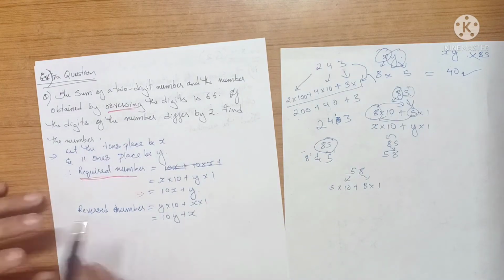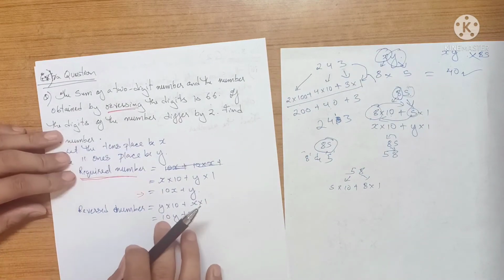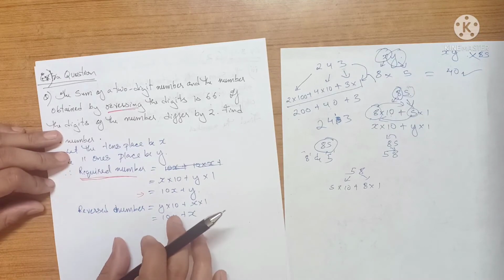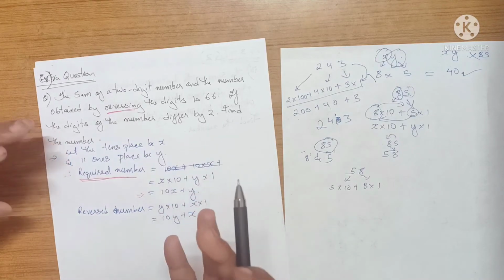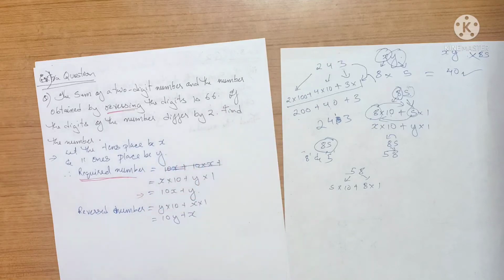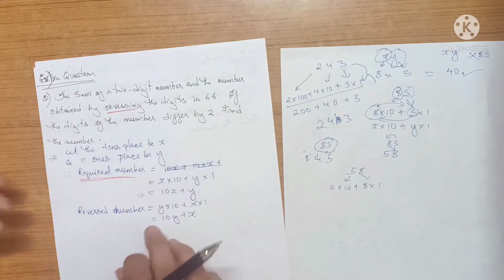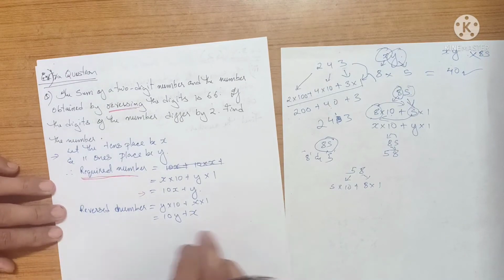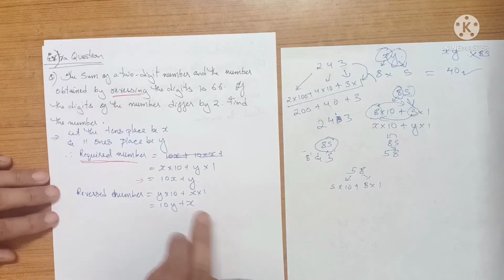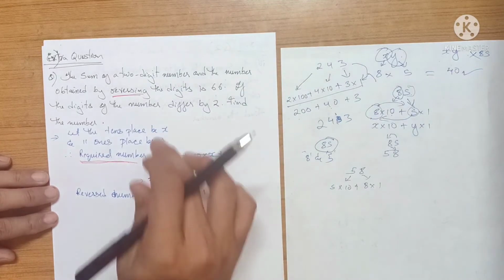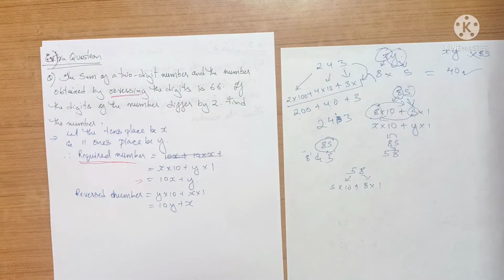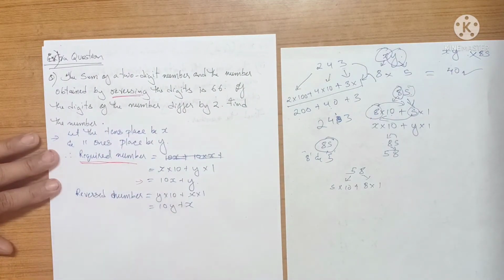Up to this step, everything is going to be the same, whatever the question may be, even if it's not included in the textbook or comes from outside the syllabus, because we have to take the ones place as one variable, the tens place as another variable, and then find the number and the reverse number also.